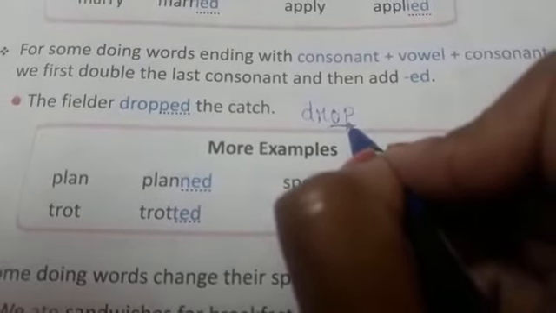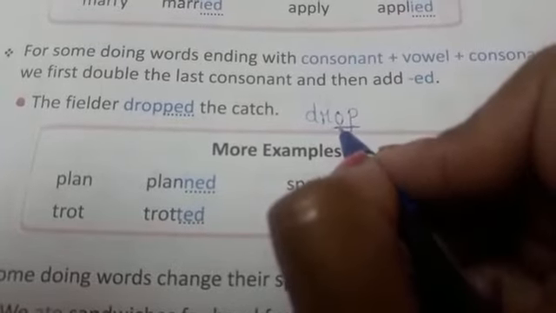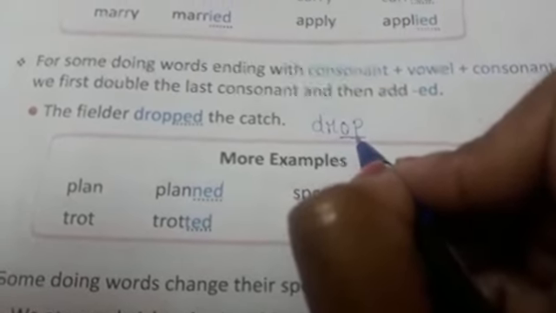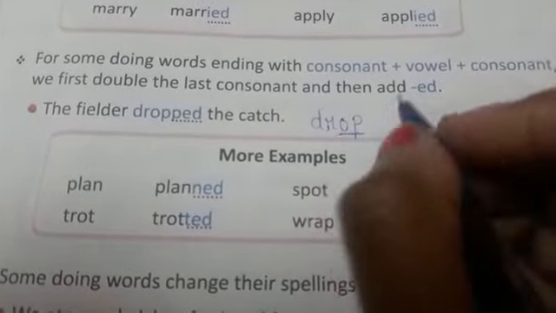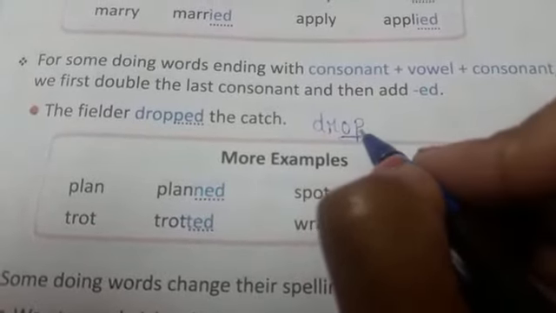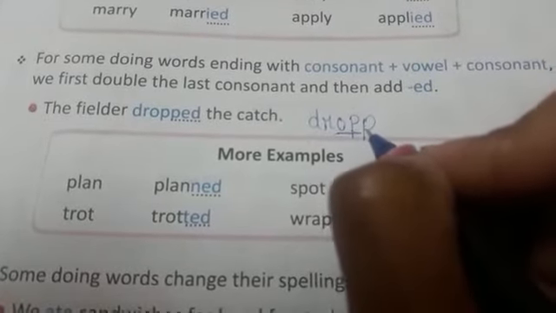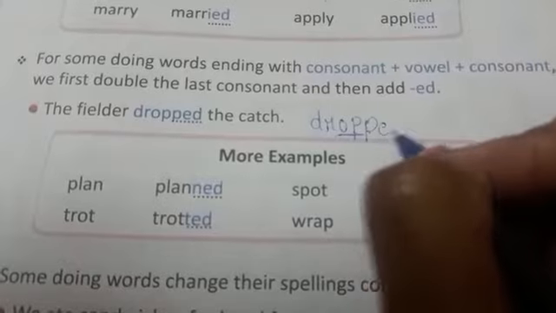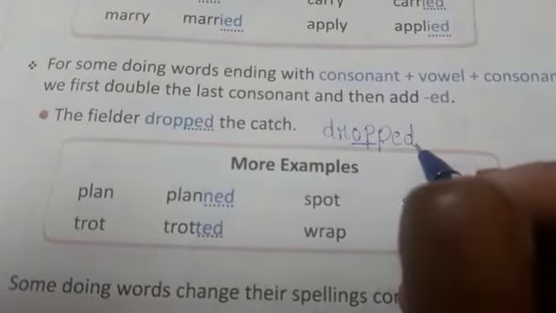So if you find any action word which ends with a vowel and a consonant, you should repeat the last letter first, P, and then at the end add ed. So it becomes dropped.